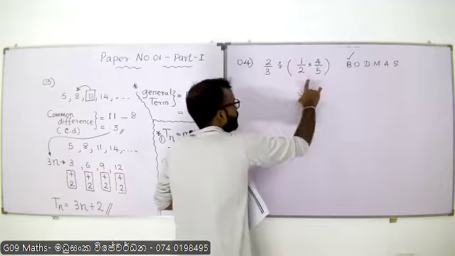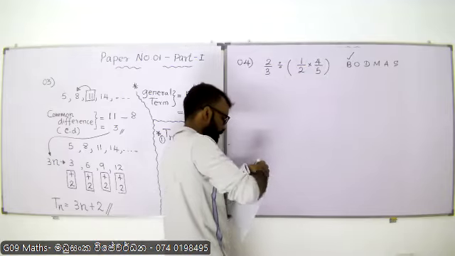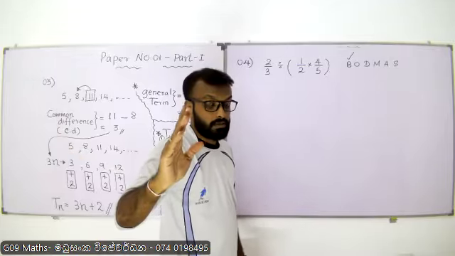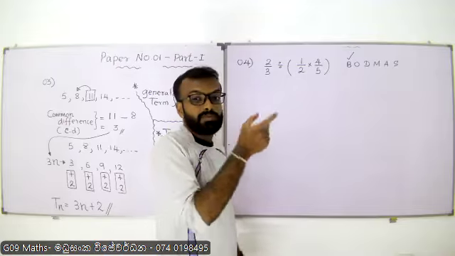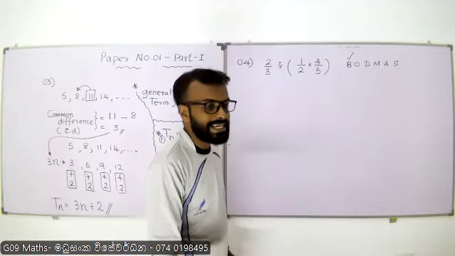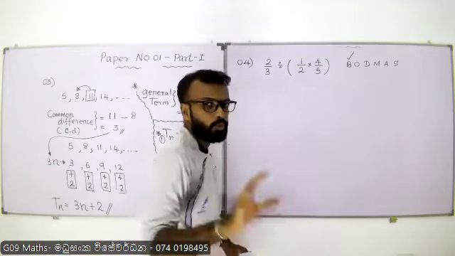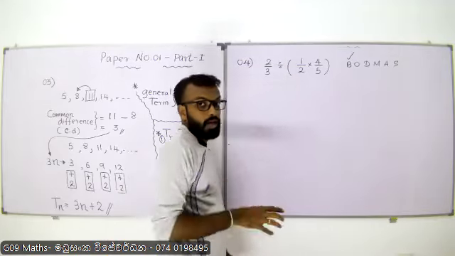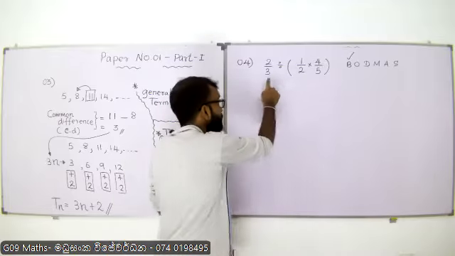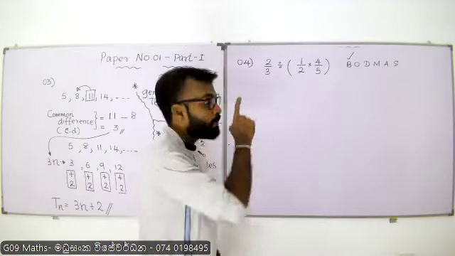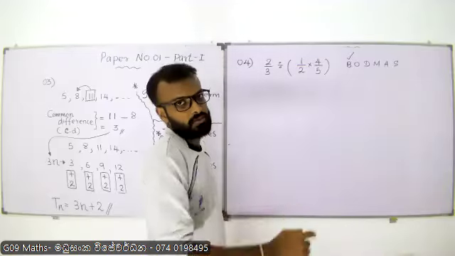I'm going to simplify this bracket until no bracket is there. That means until it becomes a single fraction or single value, I'm going to simplify inside this bracket. I'm not going to touch this fraction and this division until my bracket is vanished, right?